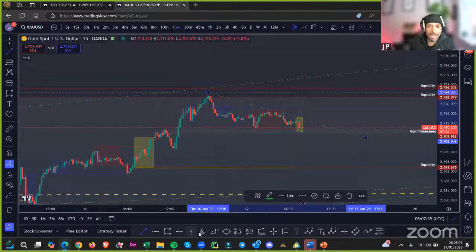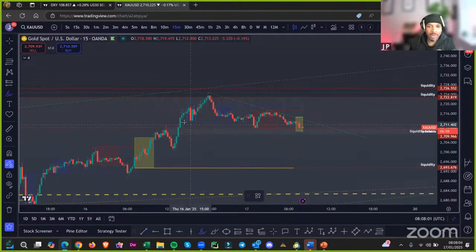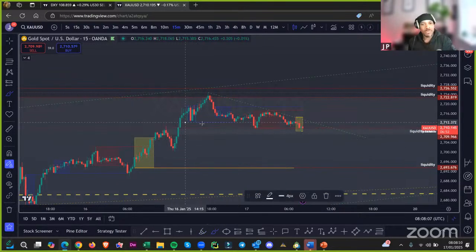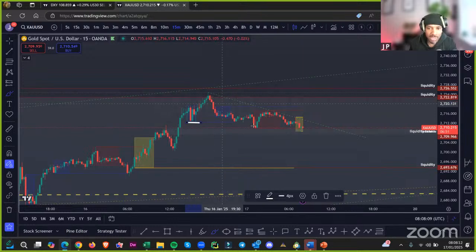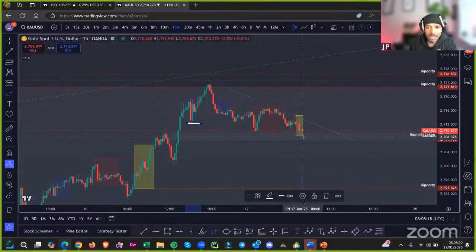If I put a line in here, and then let me put a smaller line in there, the market has broken that structure, made a lower high, and it looks like it's trying to break and close below here, making a lower low.